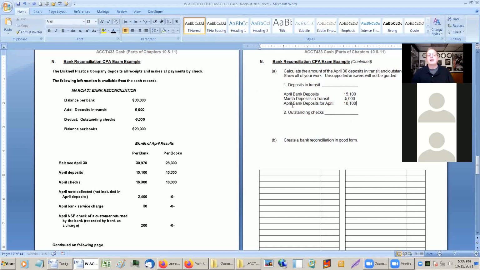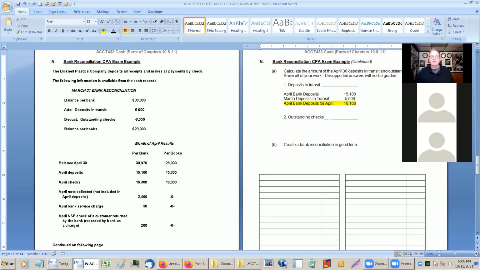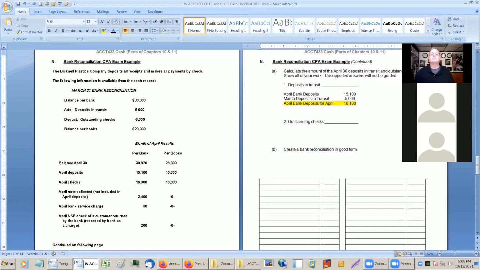Okay, so of the bank deposits for April, they had 10,100. So I can put the April $15,300.